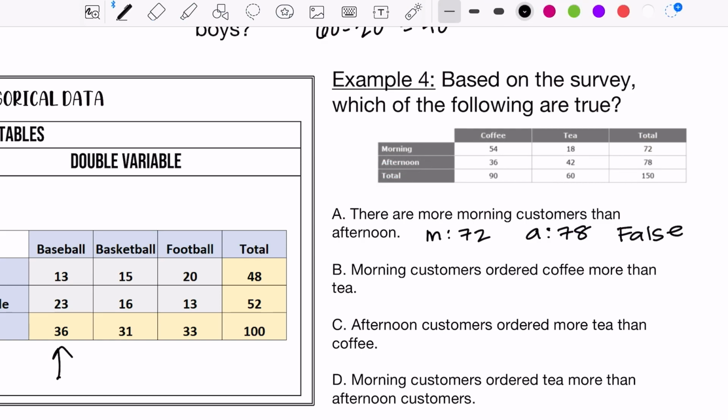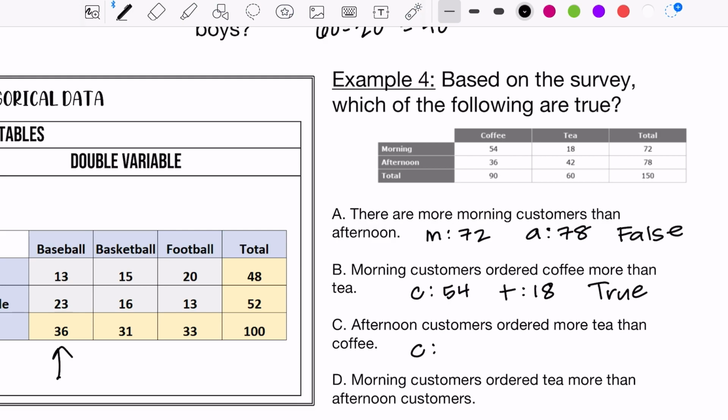Okay, moving on to the next one. Morning customers ordered more coffee than tea. So if we go to morning, the coffee in the morning was 54 and the tea was 18. So they did order more coffee, so that's true. Afternoon customers ordered more tea than coffee.